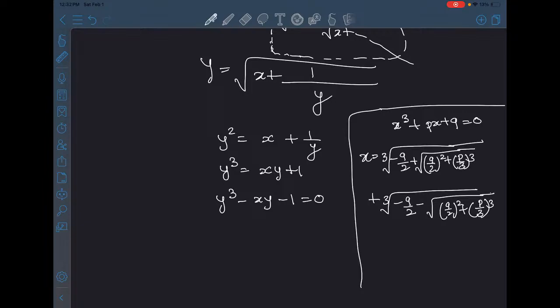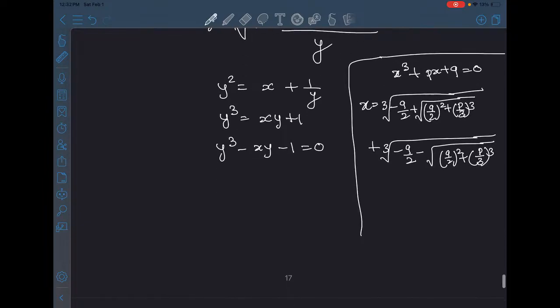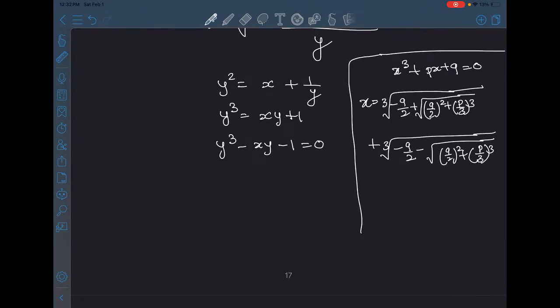This is our cubic formula and this will make our life easier, right? If this is the first time you're seeing the cubic formula, I think you need to remember this because it is going to be helpful a lot of the time.